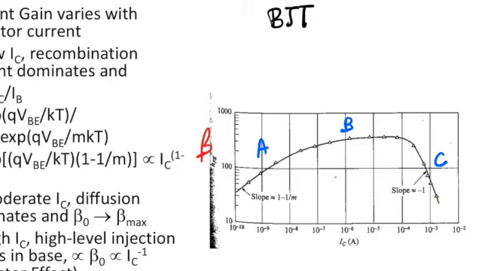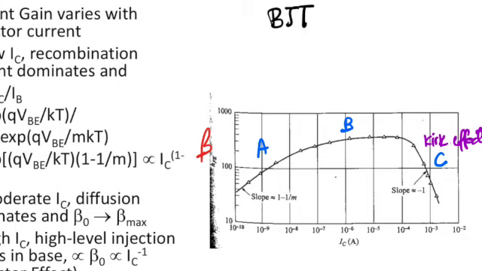So what's happening over here? First of all, let's talk about region C. Region C is where the Kirk effect happens. As you increase the collector current, the beta decreases, and there's another video on exactly what happens during the Kirk effect.